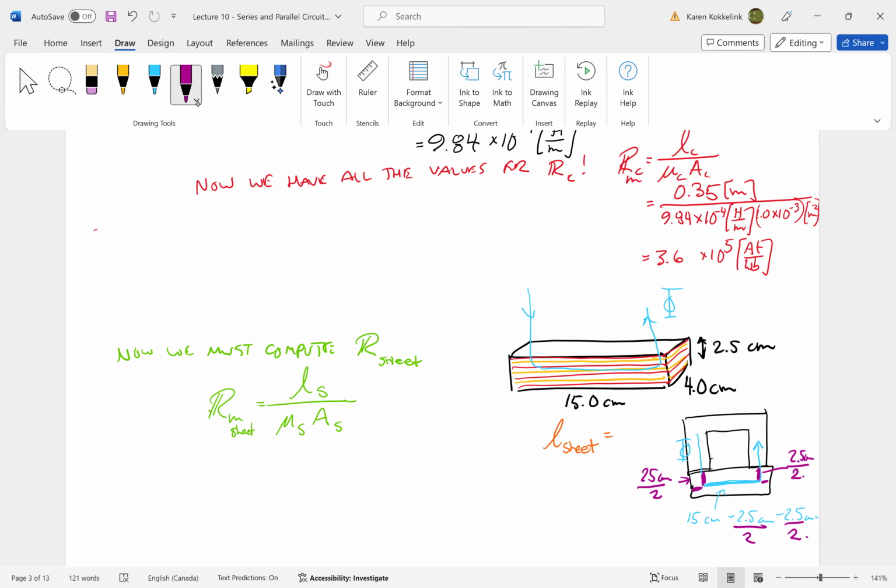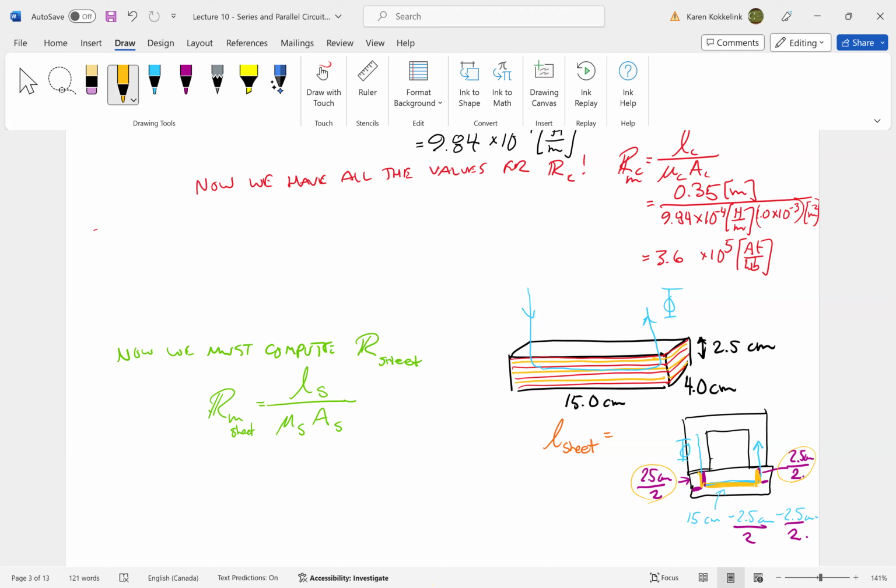So what I'm actually doing as I'm going through there is going down, over, and up: 2.5 over 2, 2.5 over 2, 15 minus all of those.